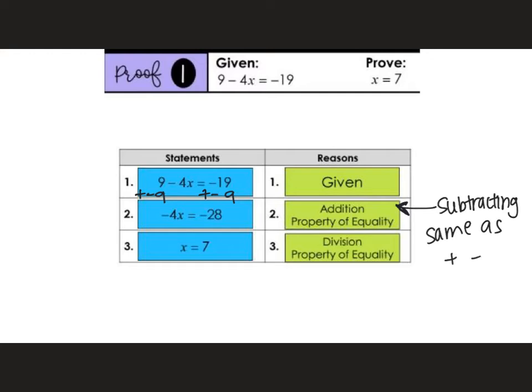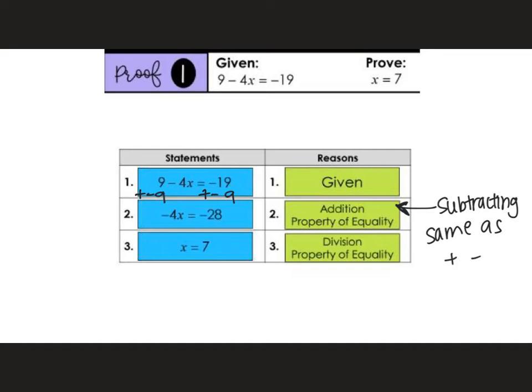We're still taking away, we're still getting smaller. So they may not give you the option of subtraction. When they don't give you the option of subtraction, you choose addition. When they don't give you the option of division, you use multiplication. But division, they'll usually give you the option.